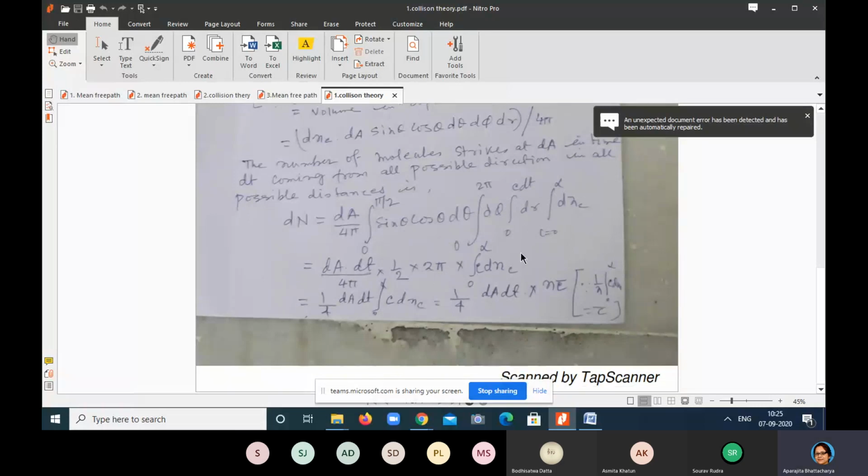Here you see, we put the limits 0 to infinity for dNc, which we have calculated from Maxwell's distribution. You can put the values explicitly, or if you put it like this, that will also do. That is not very important, but you can put the exact value.